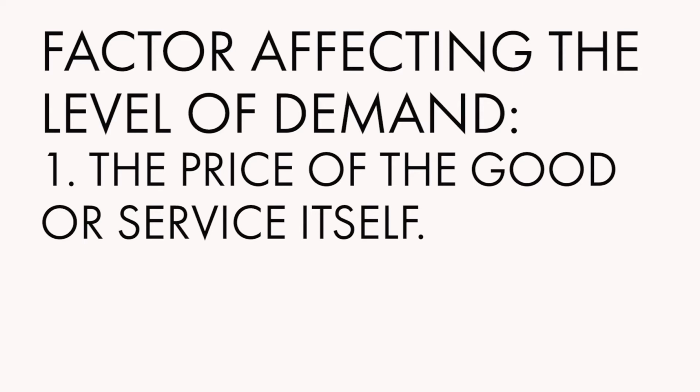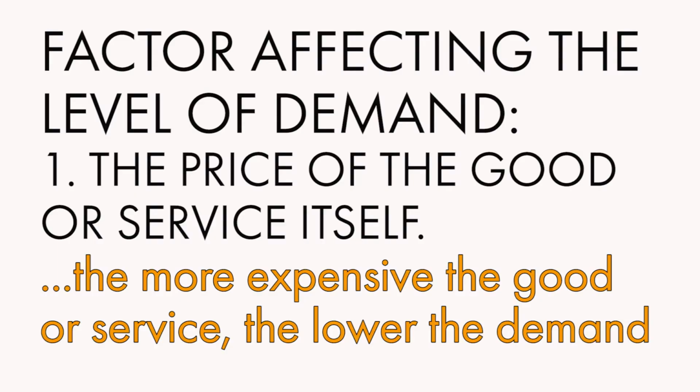This makes sense because we've just looked at the law of demand, and we know that as the price of a good gets more expensive, consumers are going to demand less. Obviously there are exceptions and we will get into them, but for this early stage, let's focus on that inverse relationship. So the first factor that will affect demand is the price of the good itself.